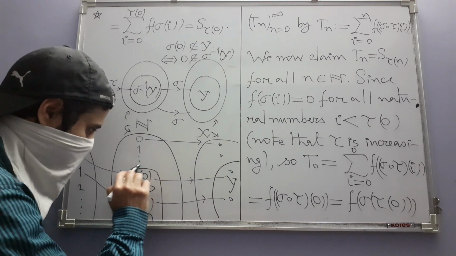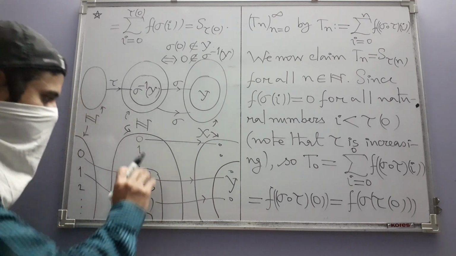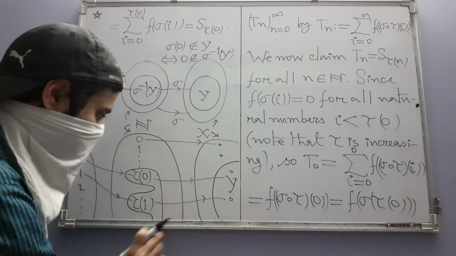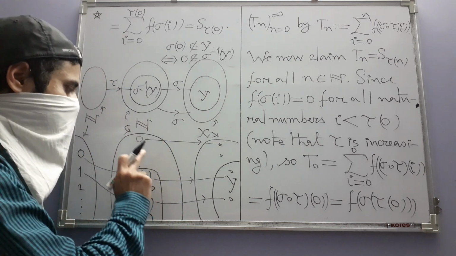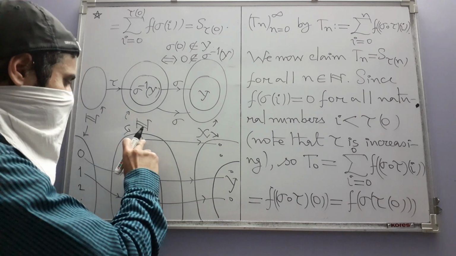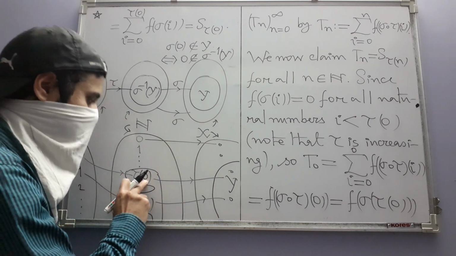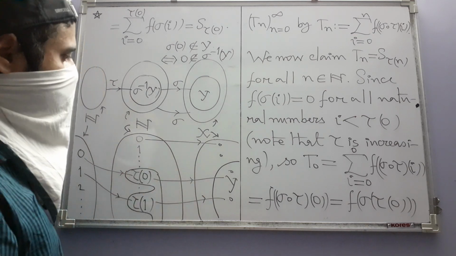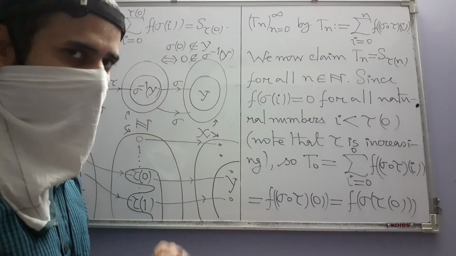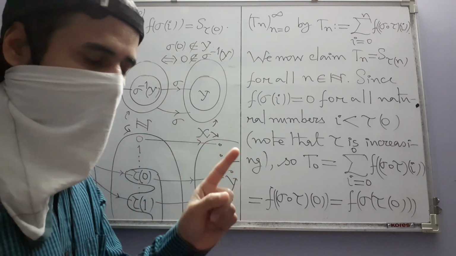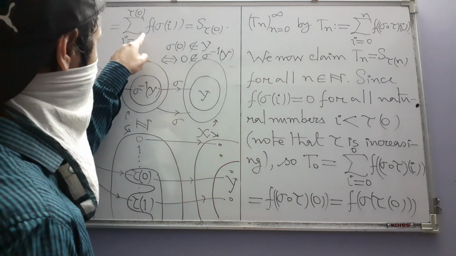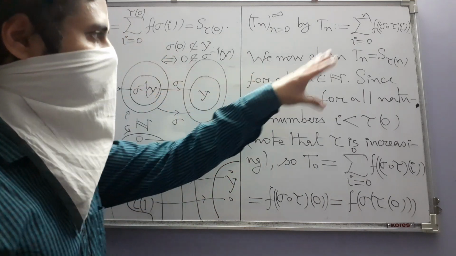Don't forget that this toothbrush-like structure, having infinitely many bristles, is actually sigma inverse of y. So unless you encounter tau of 0, you are not going to get an element in y. You will continue to get elements in x which are not in y. So all of them, if you apply f, you are going to get zeros.